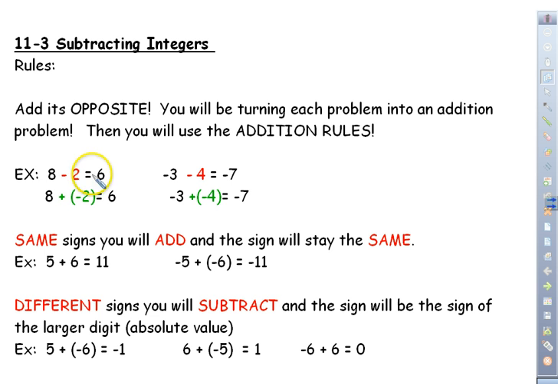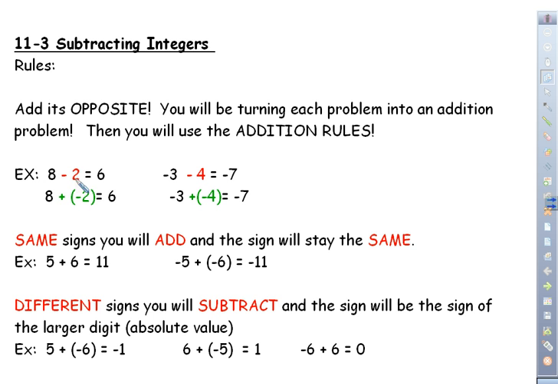For example, 8 minus 2, which equals 6. You're going to be changing this subtraction problem, again, adding its opposite. So you're going to change this subtraction to addition. And this number is not a negative 2, it is a positive 2.